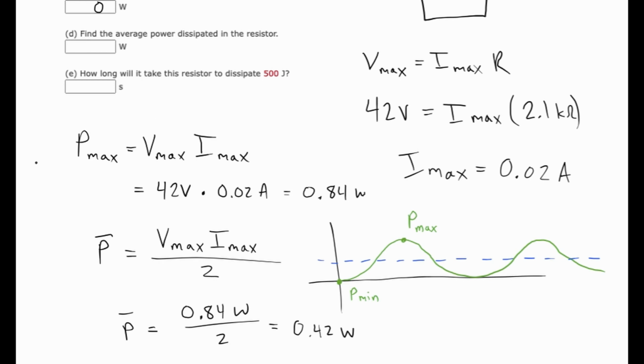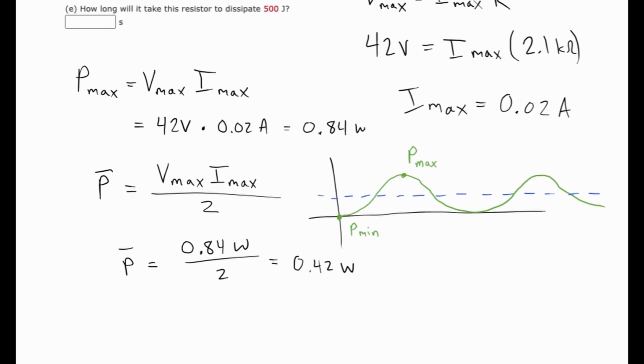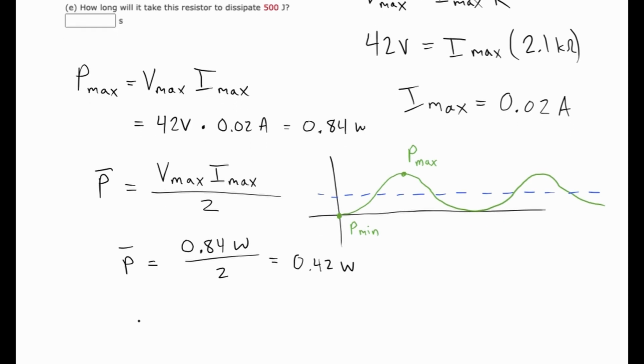Another way of finding the average power would be to find it through this formula. You can do V RMS times I RMS. Alright, so right now we don't know what the RMS voltage is, but what would it be?